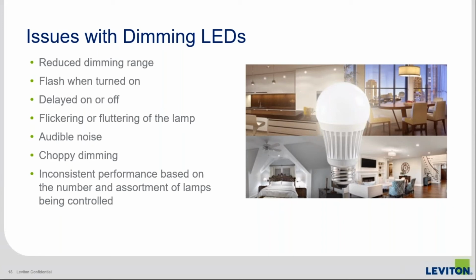It'll jump from 10% brightness to 30%. It sometimes happens at the low end. It sometimes happens at the high end. And then there's just various inconsistent performance throughout. It depends on the combination of light and dimmer. There's other things that end users can see.